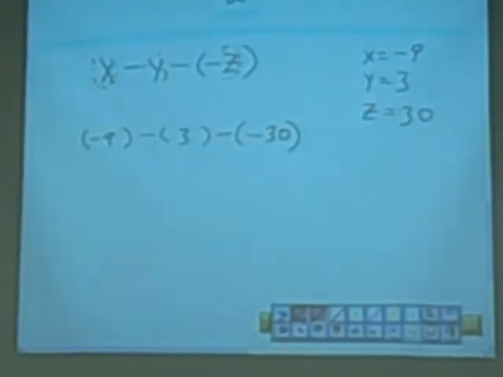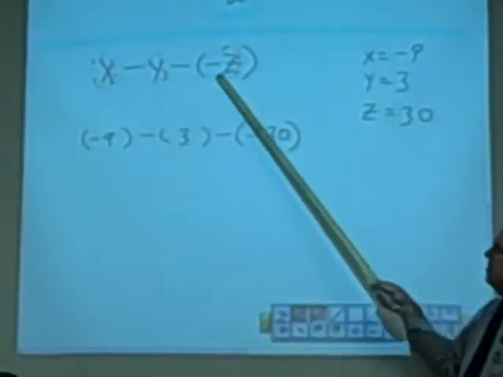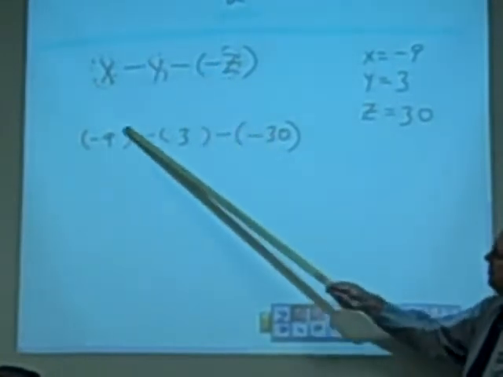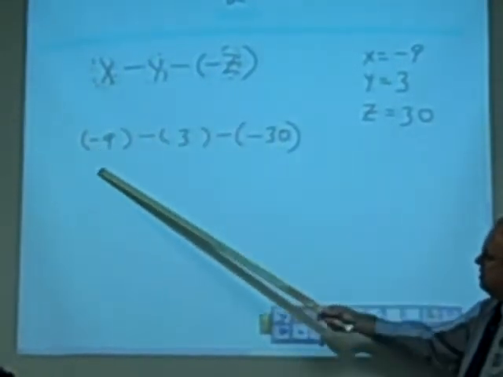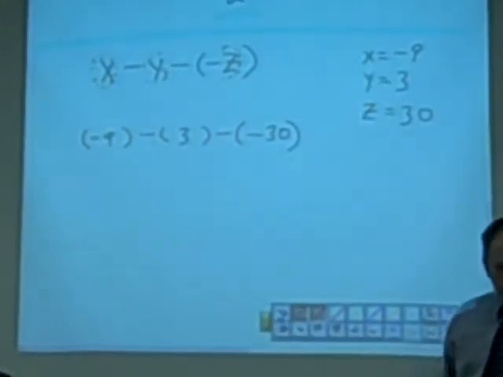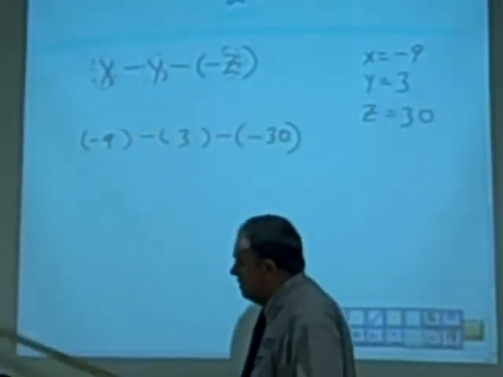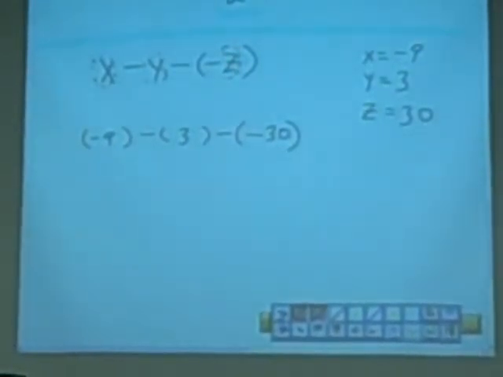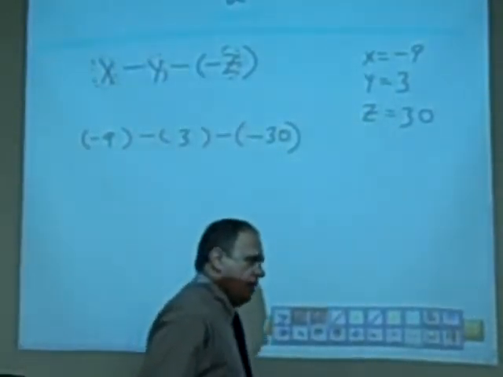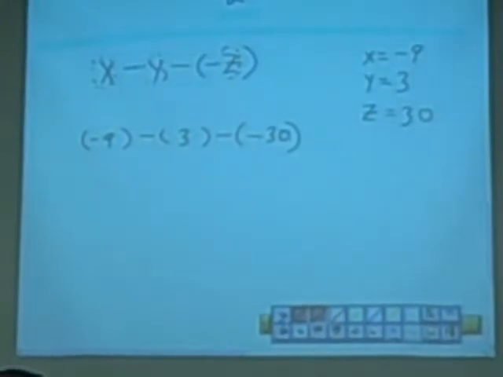So you keep the signs that are in the original form of the equation. And all you're doing is substituting in directly the numbers that you have substituted in. Okay? And so now from there, we look at, all right, are we going to add or subtract, and so on.